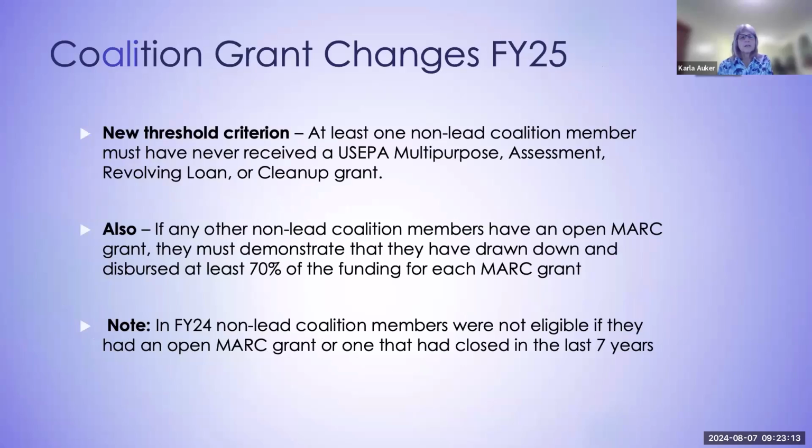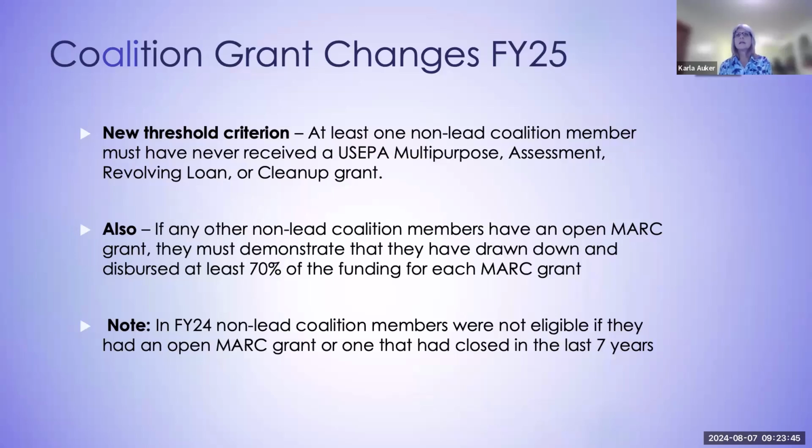Now, I mentioned that I was going to talk a little bit about a few changes. We don't have very many changes in the grants this year, but one big change is for the coalition assessment grants in FY25. We have a new threshold criteria, and it's actually much better. I think this is a really valuable change that we've made. At least one non-lead coalition member must have never received a US EPA Multipurpose, Assessment, Revolving Loan Fund or cleanup grant.